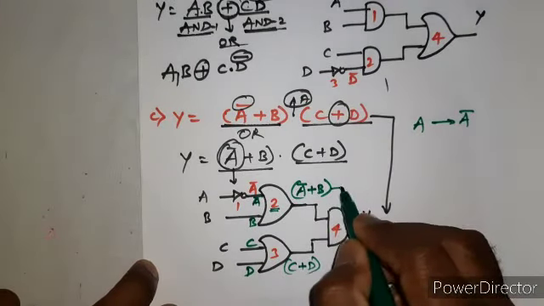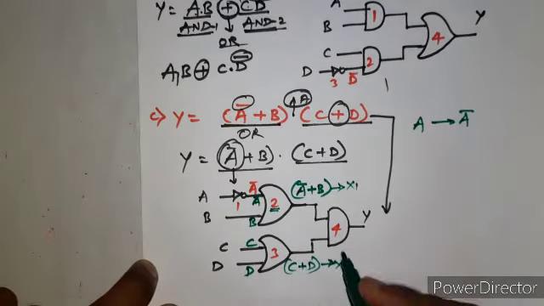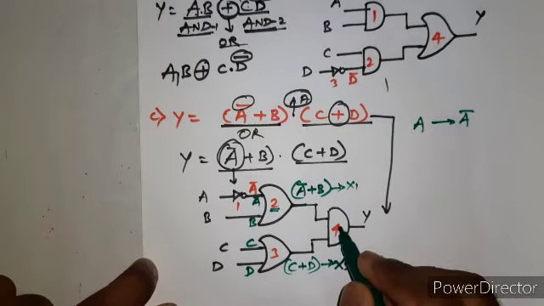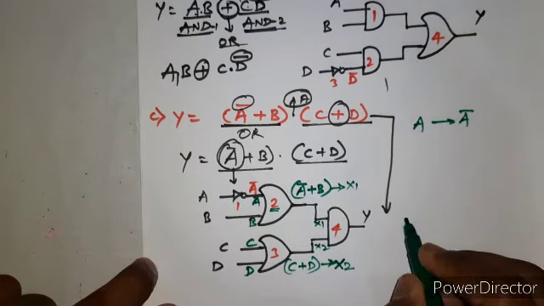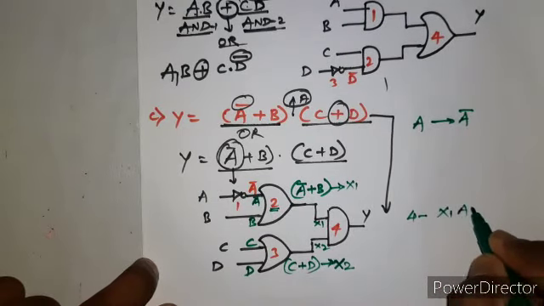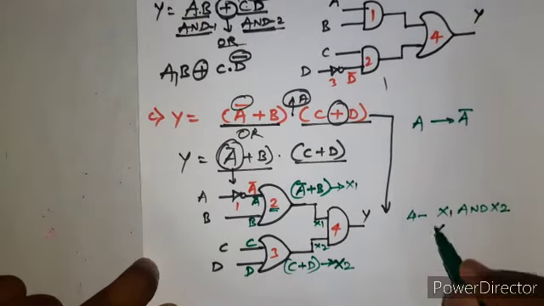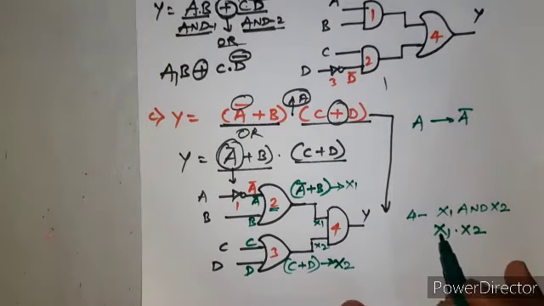Now consider this as x1 and this as x2, just for understanding purposes. What is the input for gate 4? Gate 4 has x1, x2. So I can write for gate 4 x1 and x2, which also means x1 dot x2. What is the value of x1?